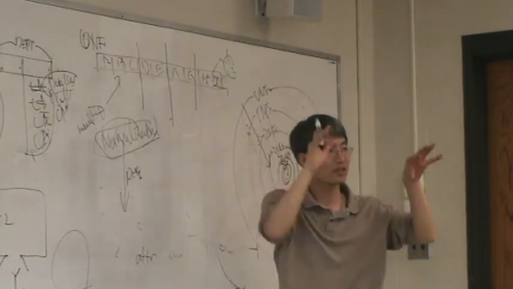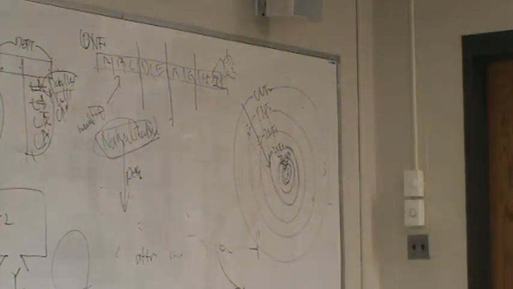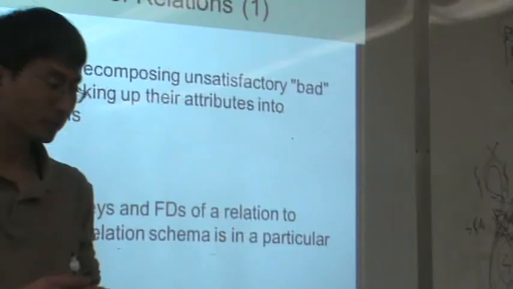How? Based on what? Functional dependency. Using functional dependency, we will decompose. That's everything. So, normal form.